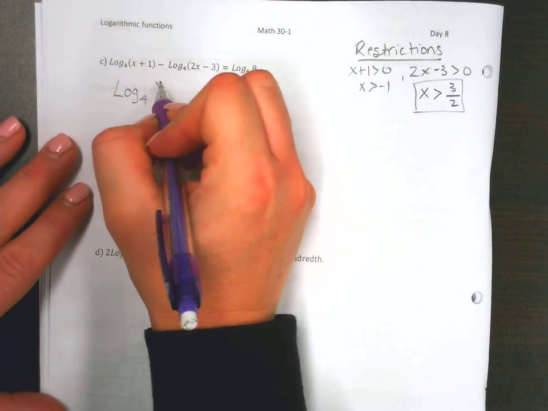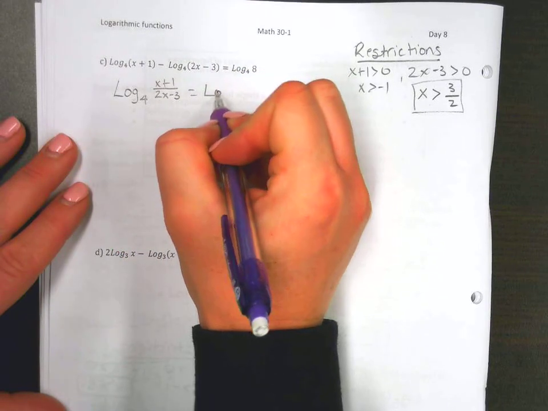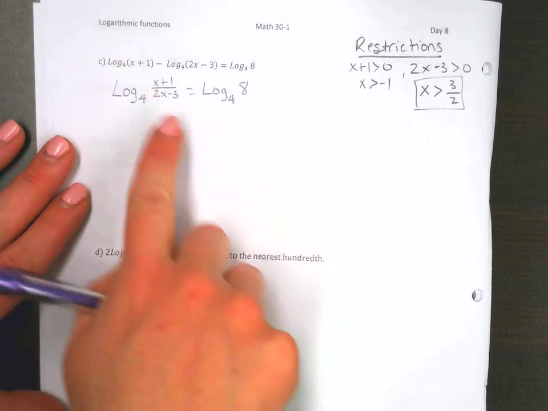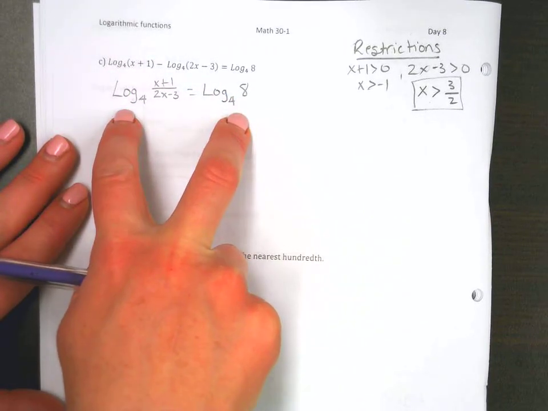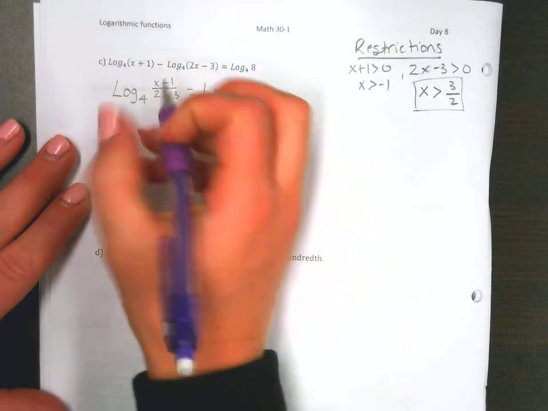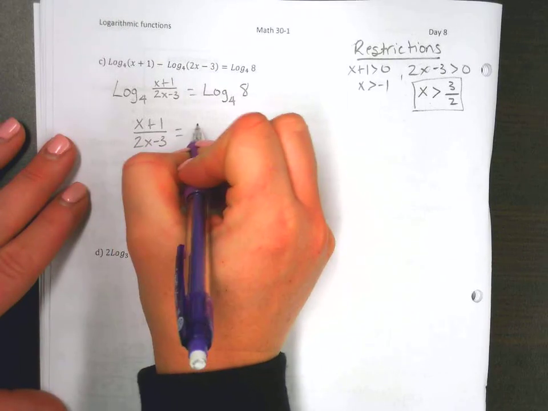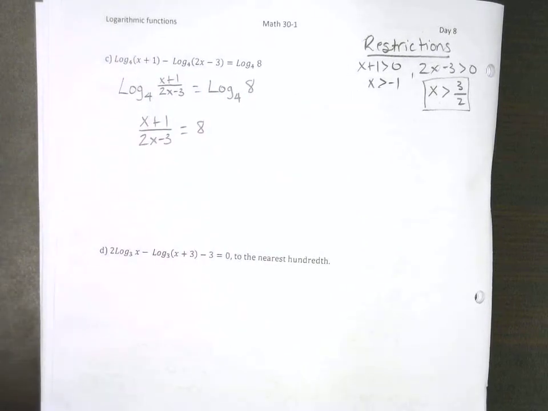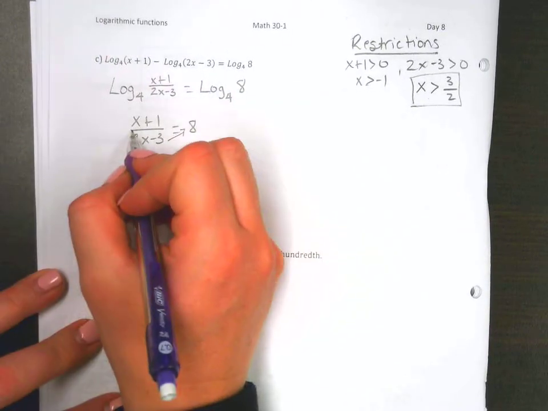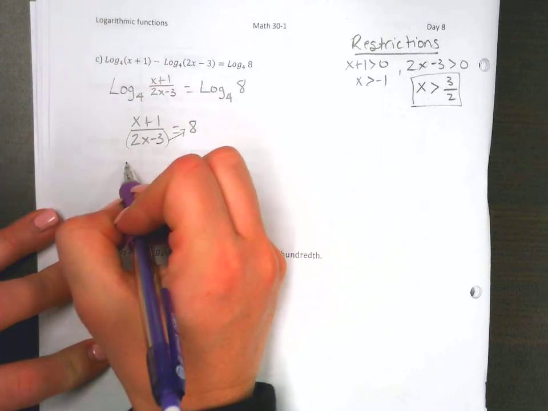Now that these are both written as a single logarithm of common base 4, we can ignore these logs and our equation becomes x plus 1 over 2x minus 3 is equal to 8. So then I would cross multiply here. Recognize we have to multiply the 8 through the entire binomial. So I have x plus 1 equals 16x minus 24. I am now going to solve for x.